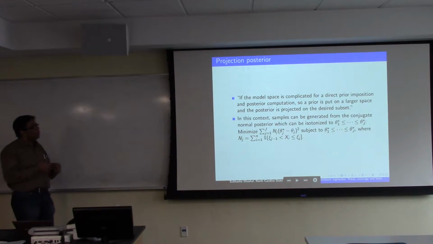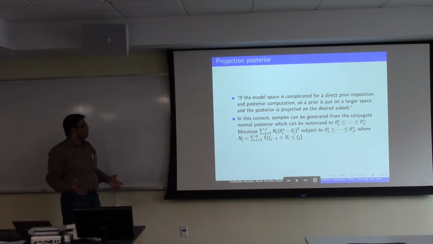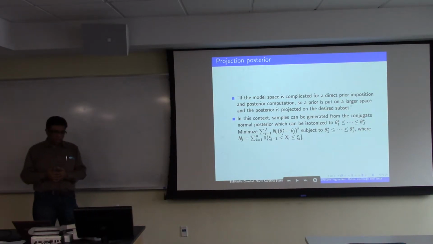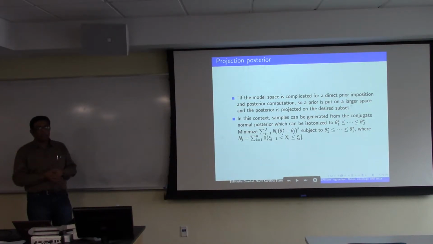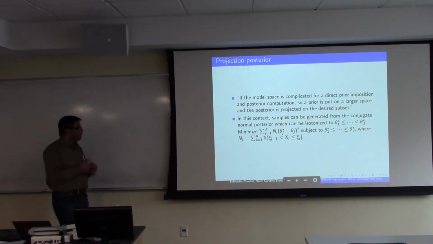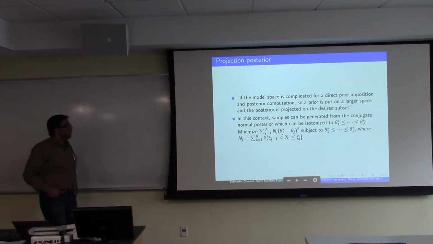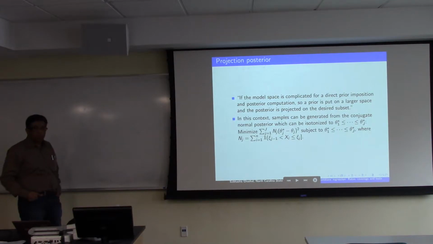So instead, we embed this parameter space in a bigger space, put a prior there, and compute the posterior distribution. The posterior then sits on the bigger space. Finally, you define a projection map and induce a distribution on the desired parameter space. That gives you a random measure on the target space, and that's what we call the projection posterior.